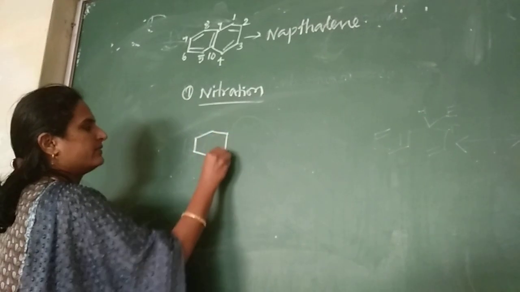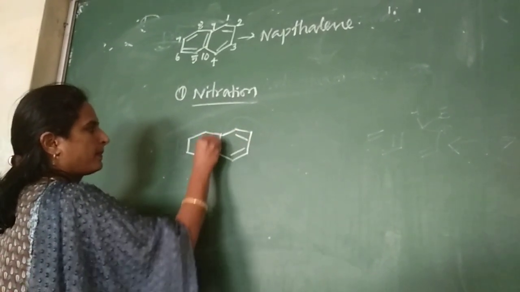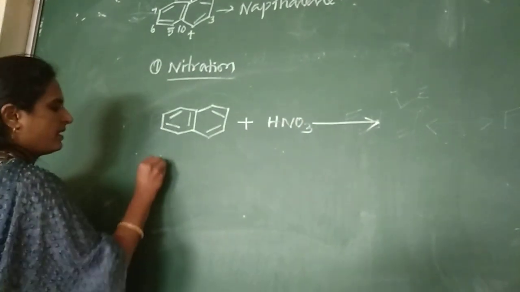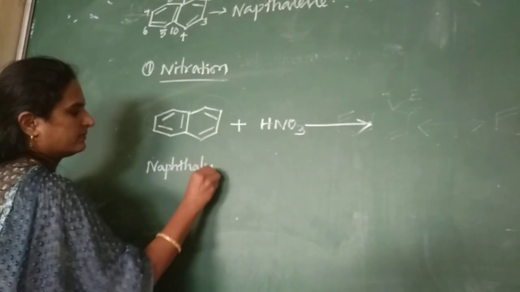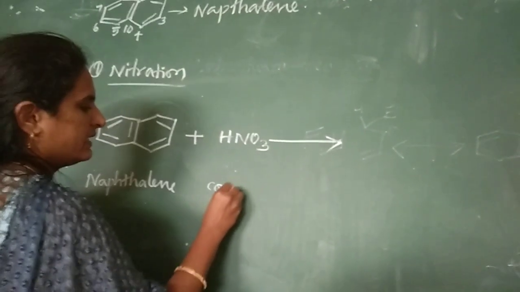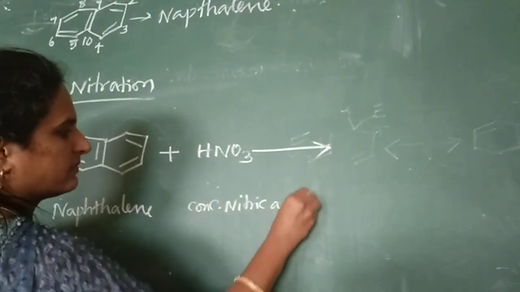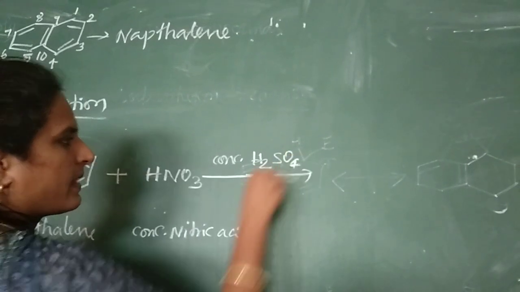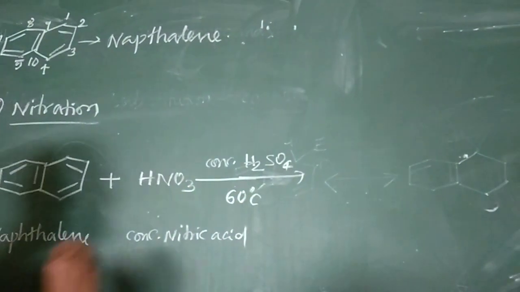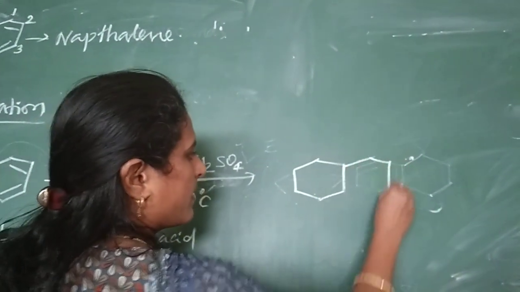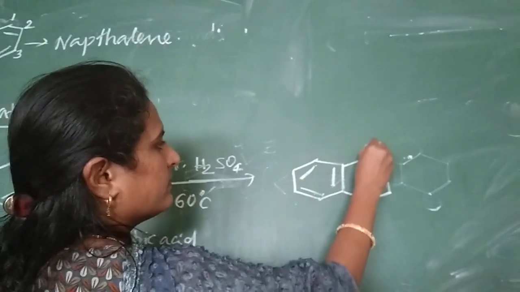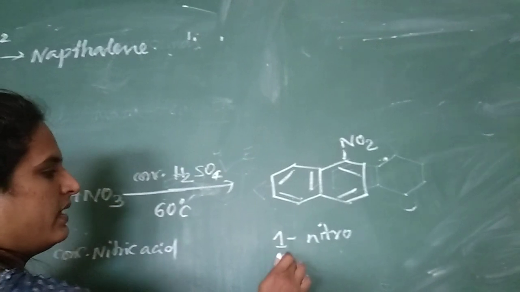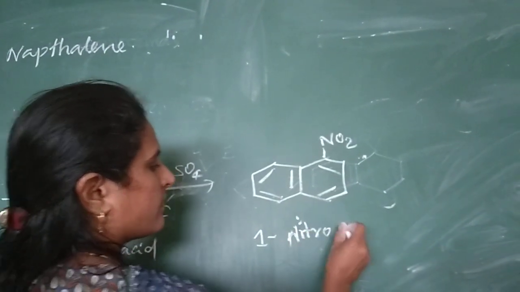When naphthalene reacts with concentrated nitric acid in the presence of concentrated sulfuric acid at 60 degrees Celsius, it gives the product one nitro naphthalene.